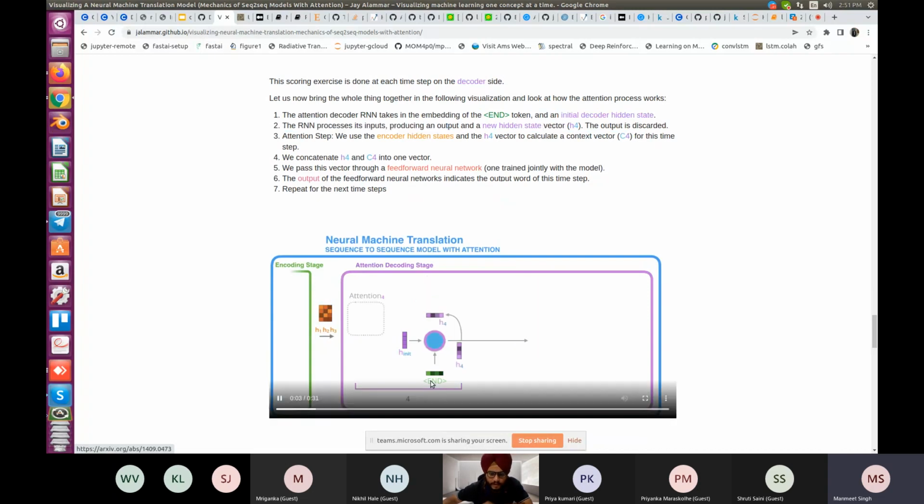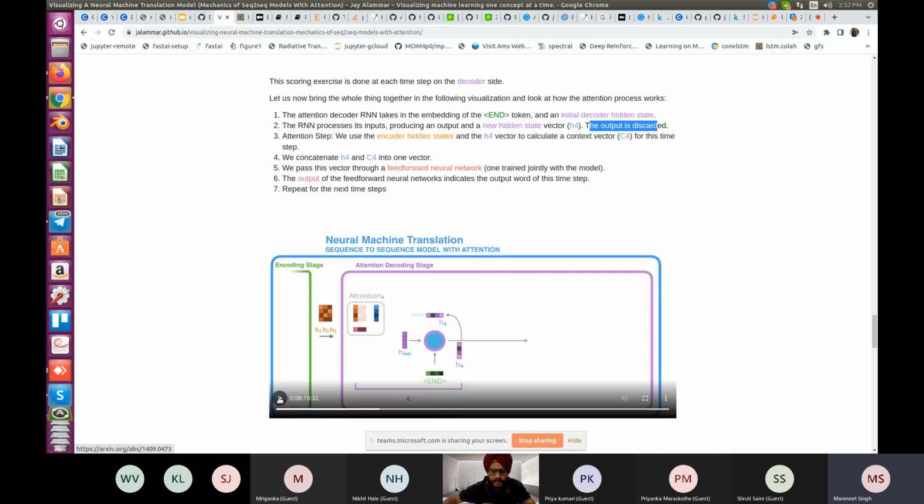So you pass in the previous decoder RNN hidden state and the end token, and this will generate a new hidden state H4, and it will also generate an output. The output is discarded.